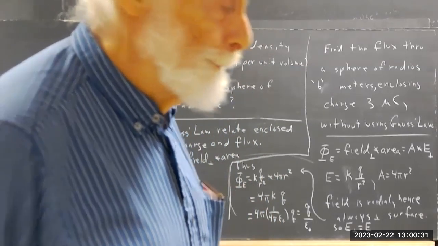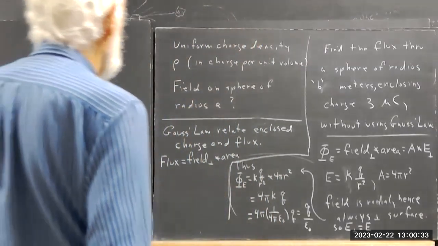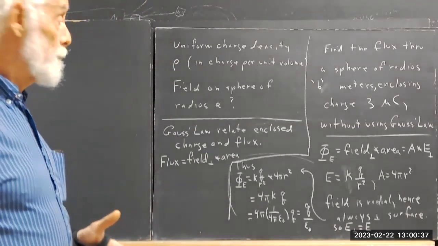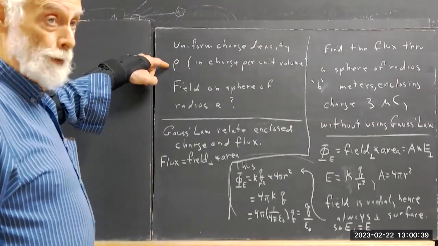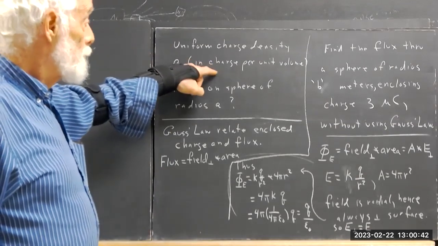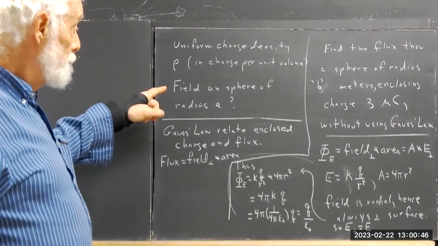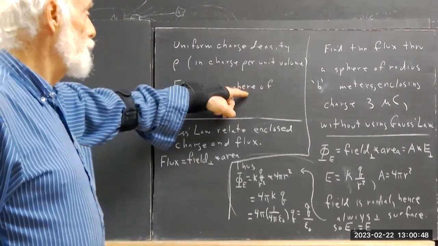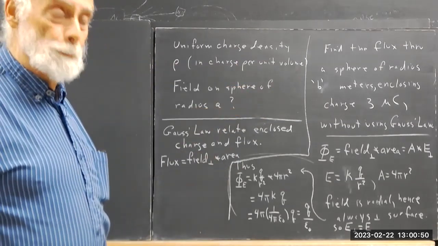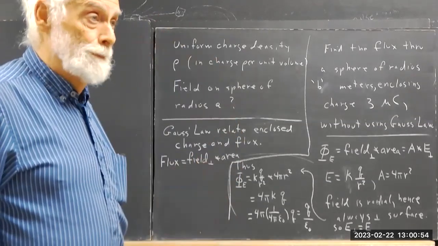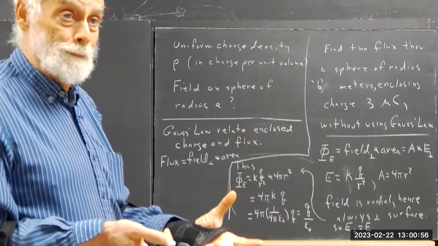Okay. So what can you determine from the given information? Well, density is charge per unit volume, and you have a sphere of radius A. Implicitly, that sphere encloses some of this charge, right?